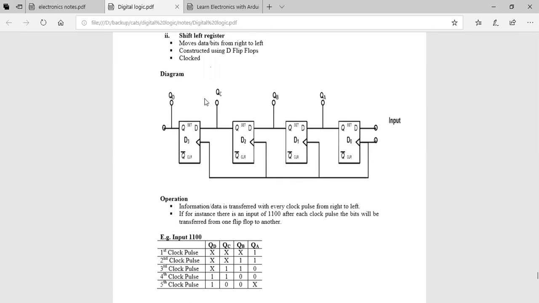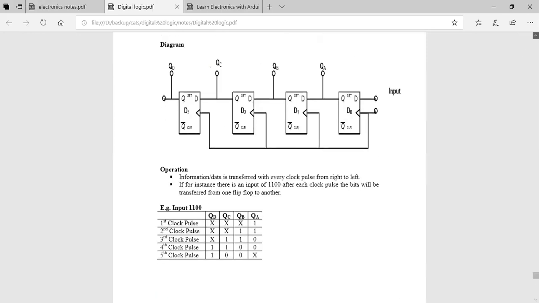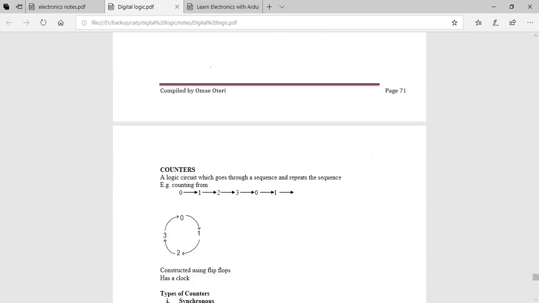Please note that these are shifts left. We are moving your information this way. So that's how it appears. You can also try with values here. You put some value here, you put another one here, and then you see what comes after the next clock. I think that's all about registers.